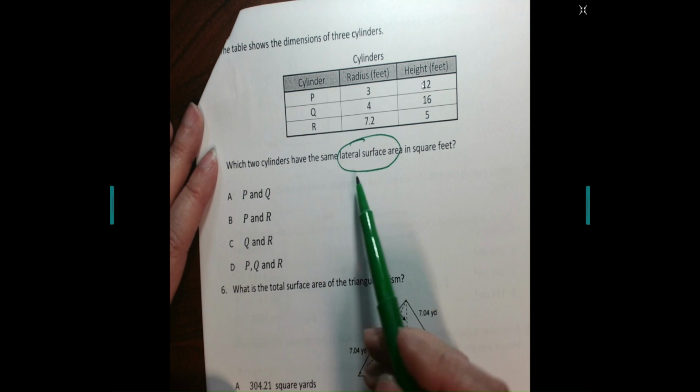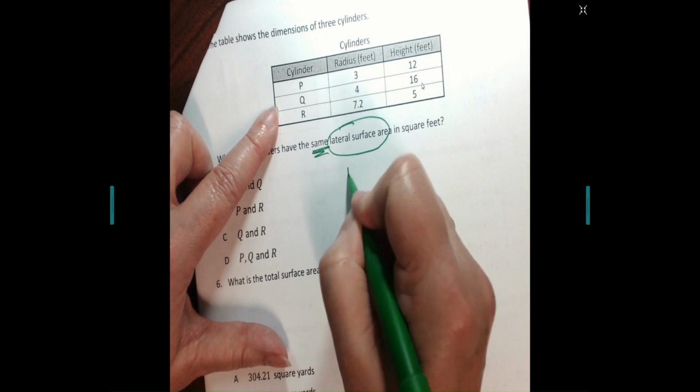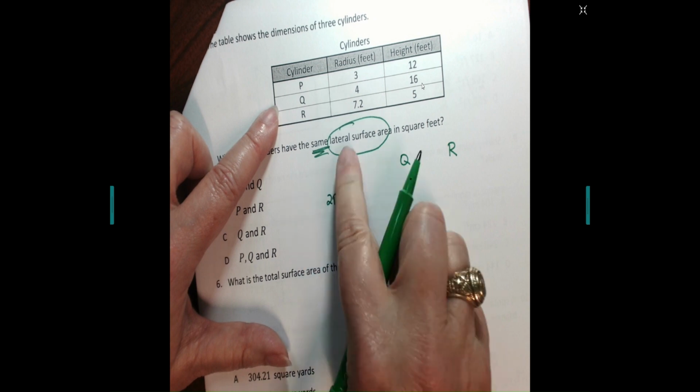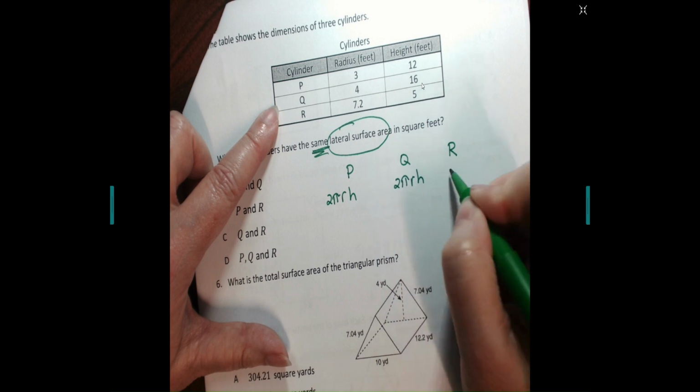Okay, number 5. We've got to pick it up a little bit. They want lateral surface area of cylinders, and it says which two have the same. So we've got cylinders P, Q, and R, and we're going to do 2 pi RH because it's lateral surface area for each cylinder.